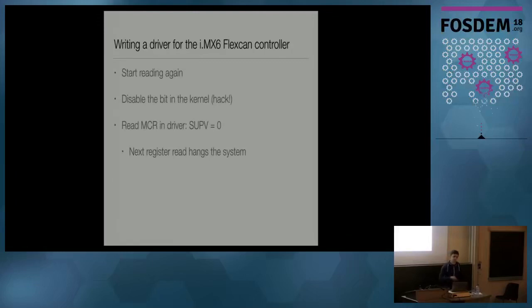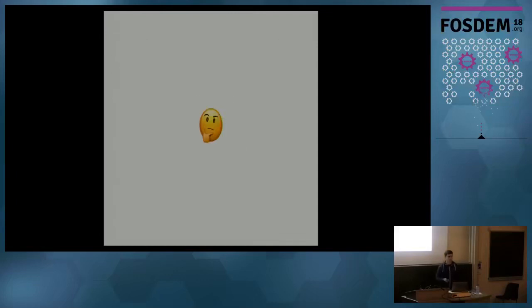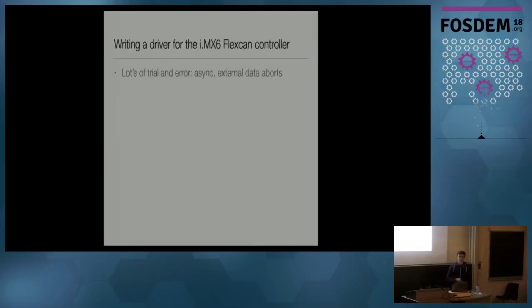So then you're trying it again, so maybe you've done something wrong, so you add debug code, try a lot of things, mostly errors, and then at some point in time you discover, okay, what you're getting here is an asynchronous external data abort, which is an indicator that you're unable to read from this device.